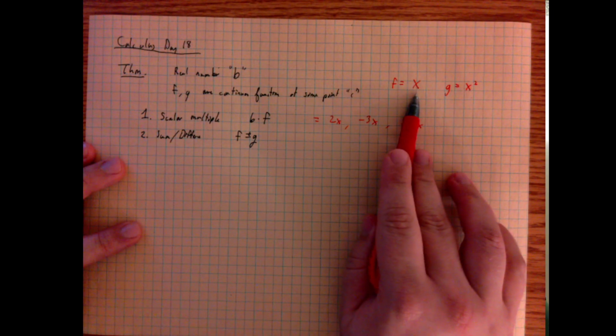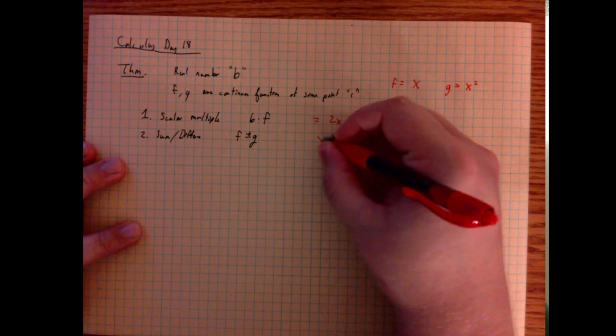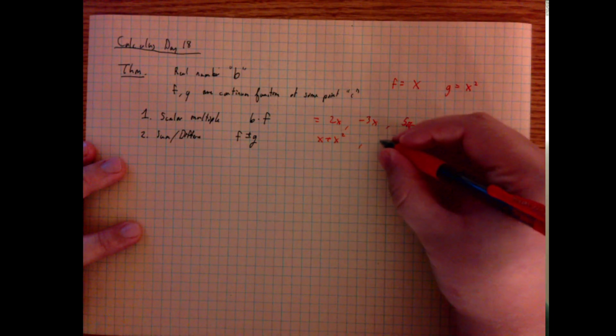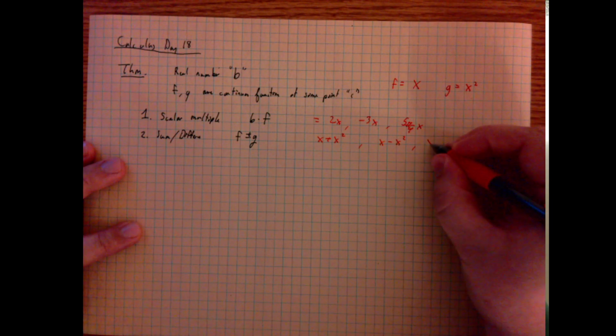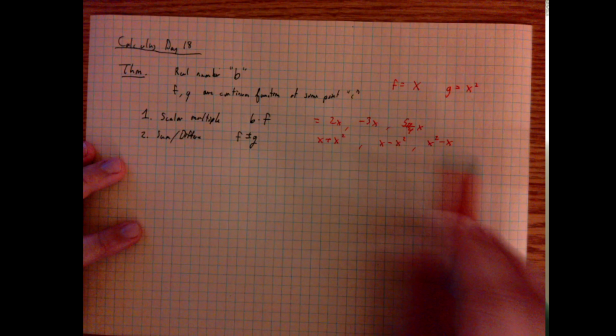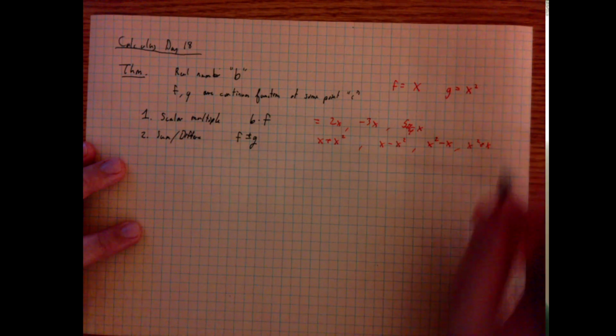So if we know x and x squared are continuous, then x plus x squared is continuous. We would also know x minus x squared is continuous, and of course the other order too, because g and f are arbitrary.